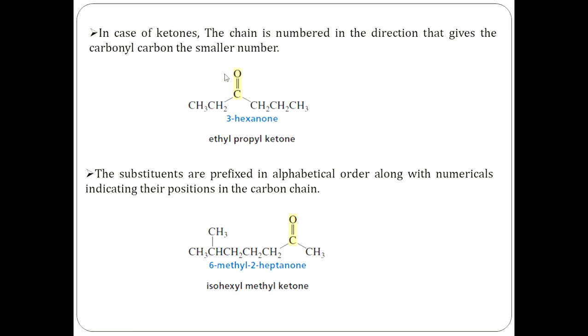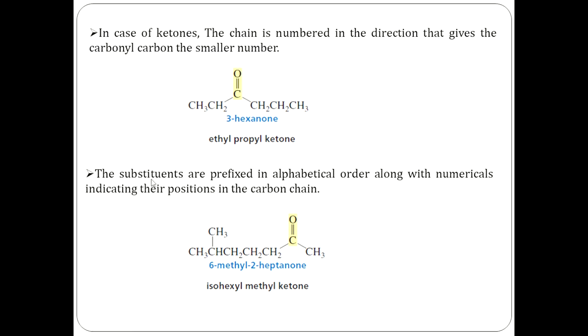According to the statement, the chain is numbered in the direction that gives the carbonyl carbon the smaller number, so this side has the smaller number. Therefore 3-hexanone, as the carbonyl group is at position 3. It is also named ethyl propyl ketone.